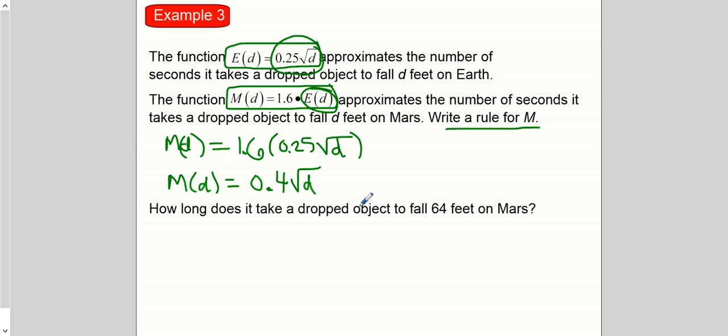How long does it take a dropped object to fall 64 feet on Mars? So feet is d. D is 64. We need to use that equation for Mars. 0.4 times the square root of 64.